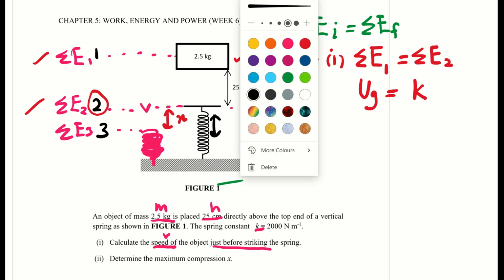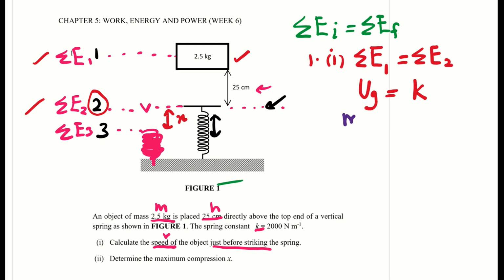Now we substitute the values: mgh equals half mv squared.